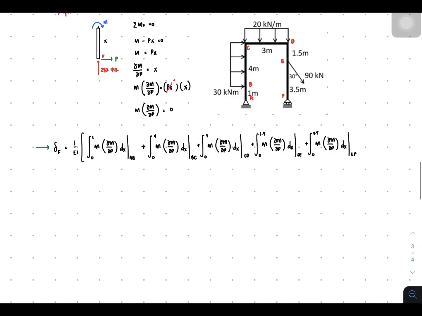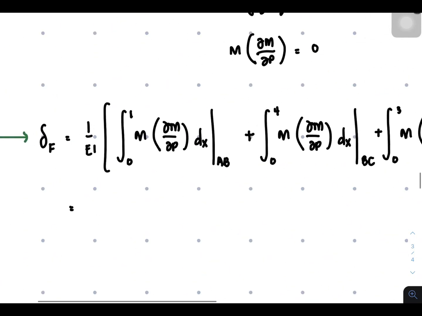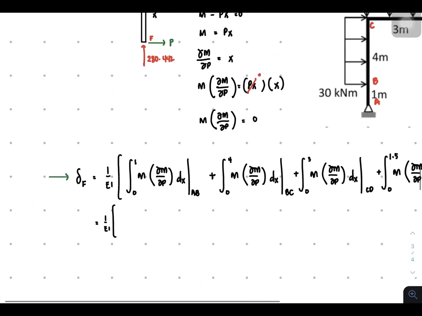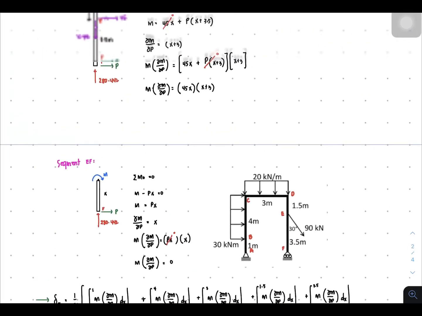Okay, so what we are going to do now is get the integral. This is 1 over EI times the integral from 0 to 1. Let's copy.